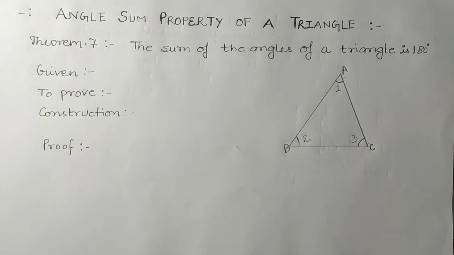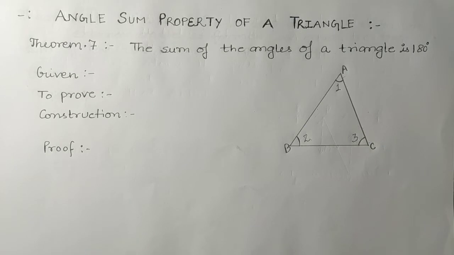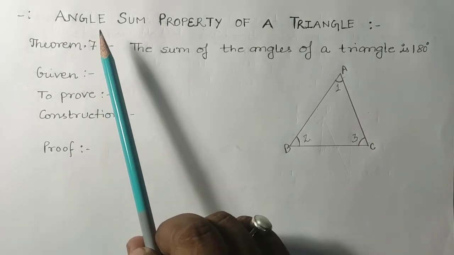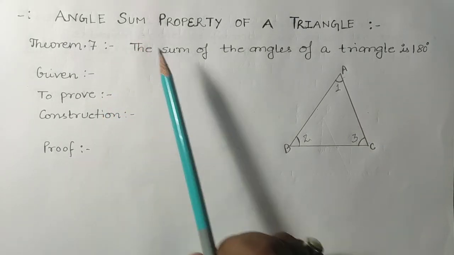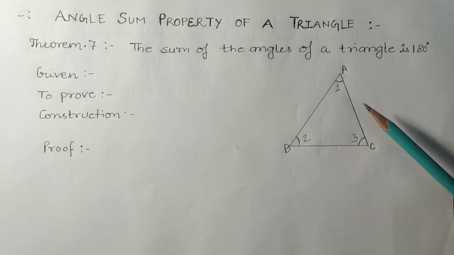So basically, what is the angle sum property of a triangle? As is clear from the name, angle sum means the sum of all angles. So this topic is based upon the sum of all angles of a triangle.